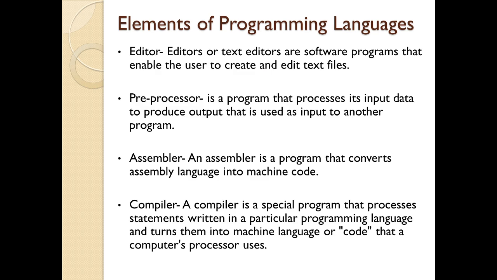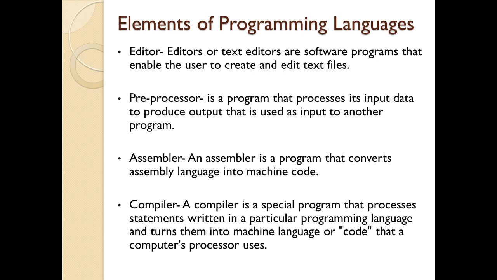Elements of programming languages are editor, preprocessor, assembler, compiler. We will discuss them a little bit here. Editors or text editors are software programs that enable the user to create and edit text files. A preprocessor is a program that processes its input data to produce output that is used as input to another program.